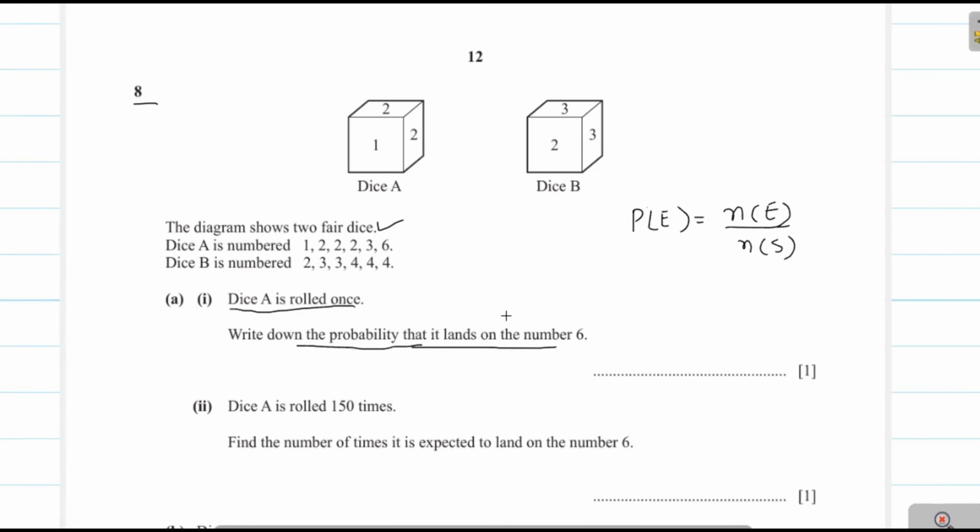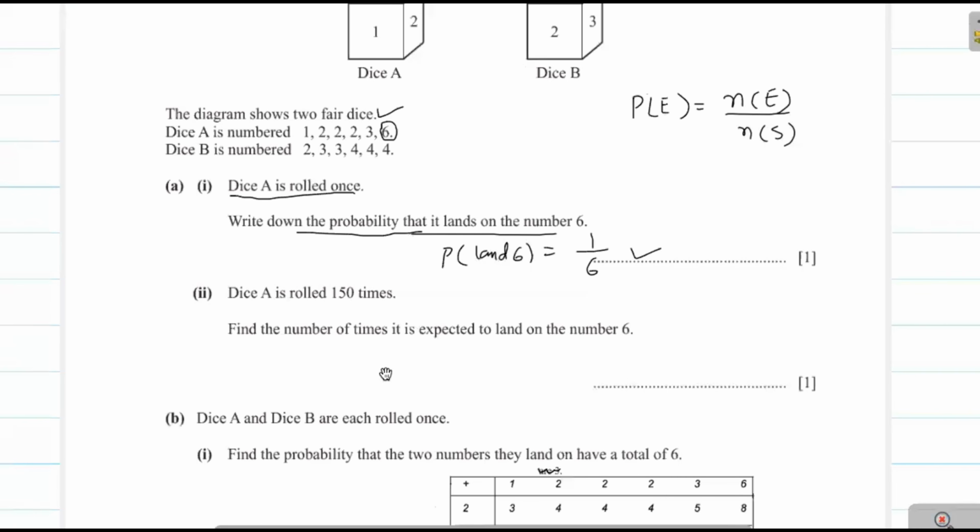We write here the probability of landing 6 will be equal to the total number of favorable outcomes of number 6 in dice A. You see here the 6 is landing one time, therefore we write 1, and the total sample space here is 1, 2, 3, 4, 5, 6. We write 6. So 1 over 6 is the answer.